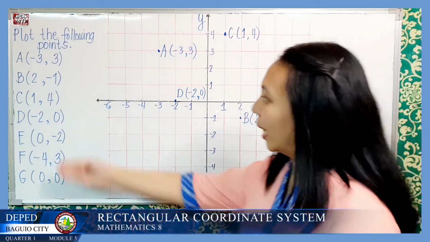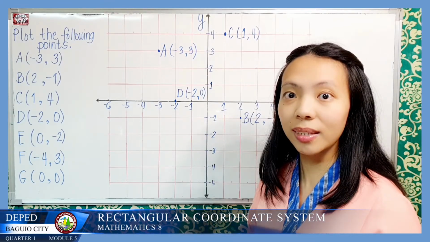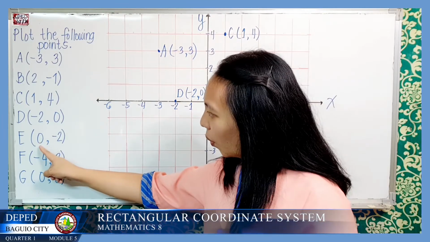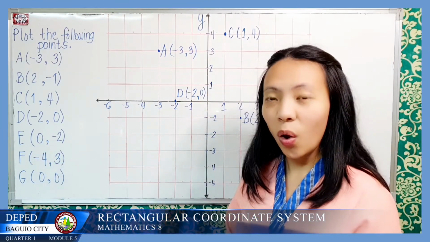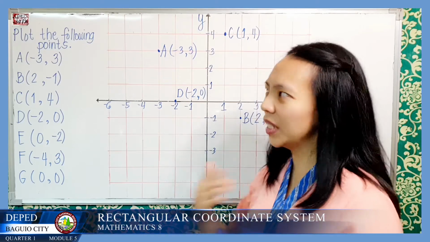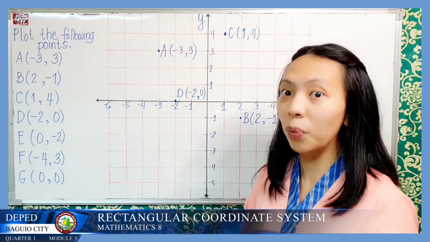This time, let us plot point E. Point E's location is 0, -2. Since 0 is the first number, or our x-coordinate, or the abscissa, it means that we do not move to the right or to the left of the point of origin.